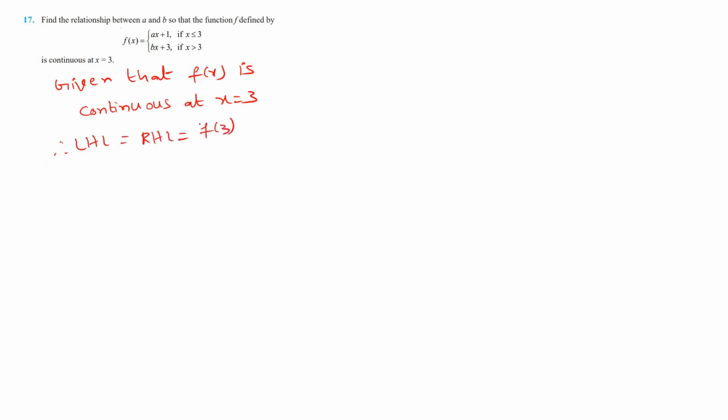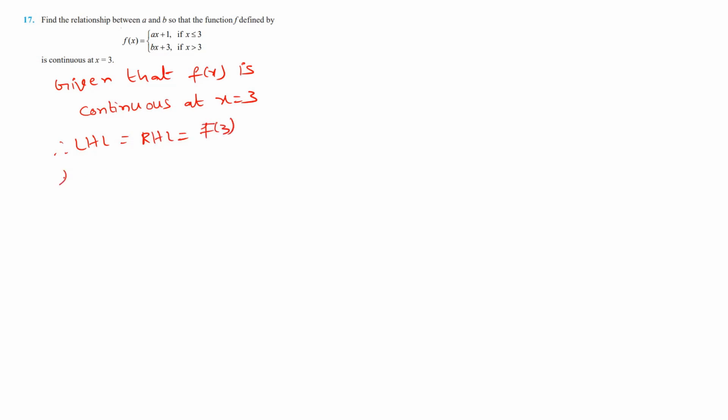So here they have already given that the function is continuous at x equal to 3. The function is continuous at x equal to 3 means LHL equal to RHL equal to f of 3 also. So given that f of x is continuous at x is equal to 3, LHL is equal to RHL is equal to f of 3.